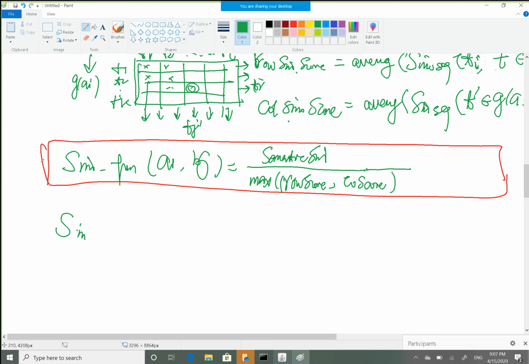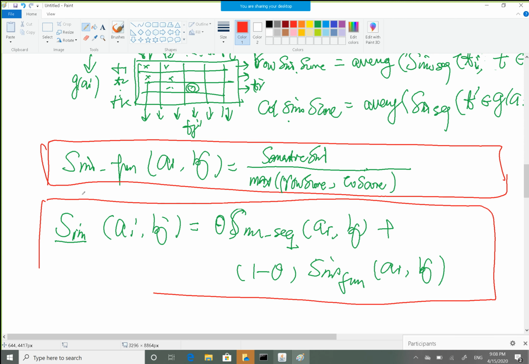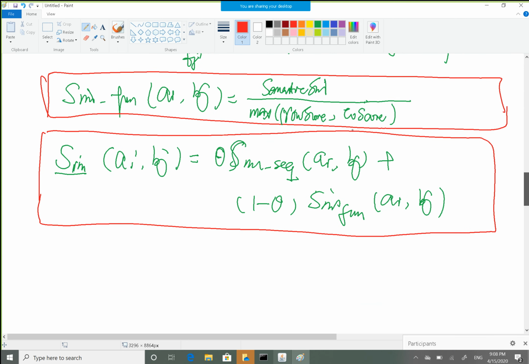S of Ai and Bj is equal to a weighted function of sim seq of Ai and Bj, plus 1 minus theta times the sim function of Ai and Bj. So this is based on the protein only, from the object perspective.